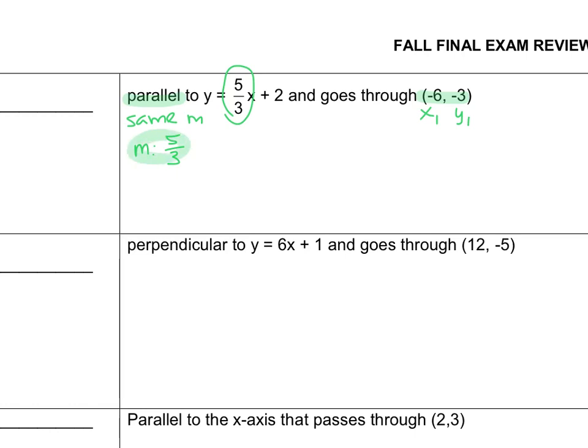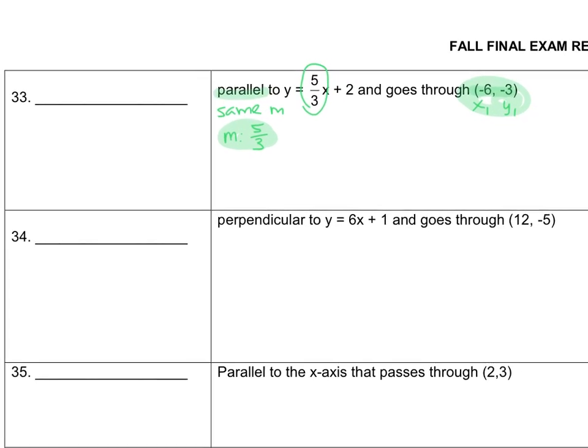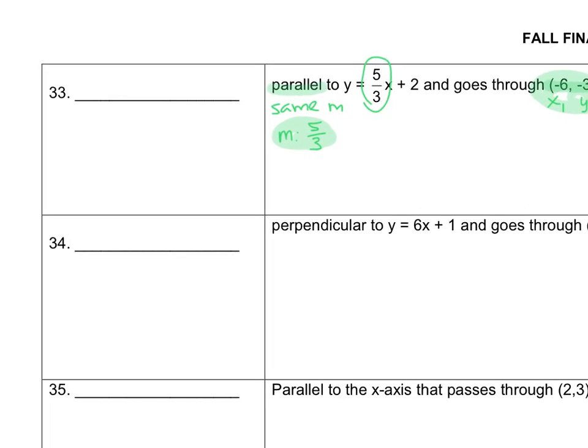So if they're giving me slope and a point, then I'm going to use point-slope form to write my equation. So point-slope form is y minus y1 equals slope times x minus x1. So I'm going to plug each piece in. I'm going to get that -y1, my slope, and my x1 plugged in.